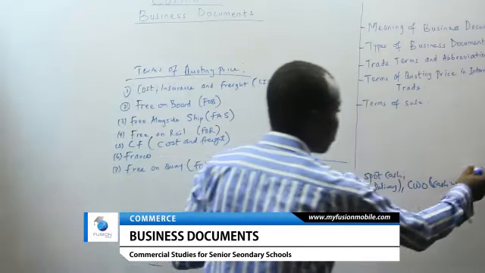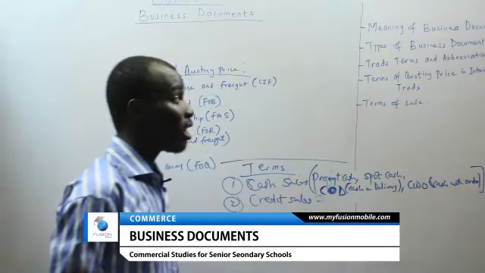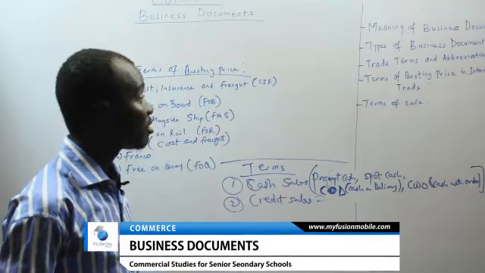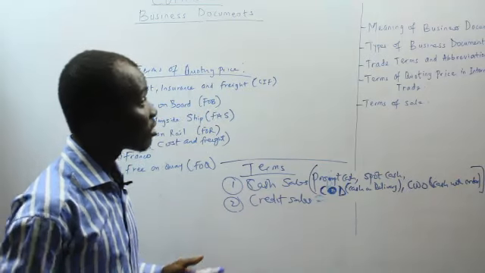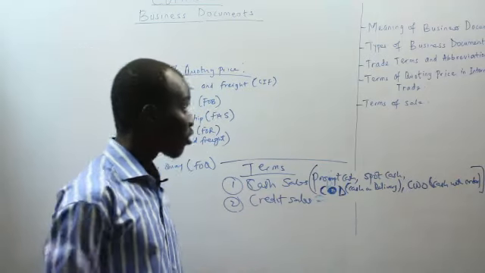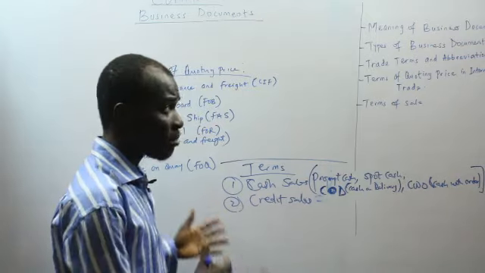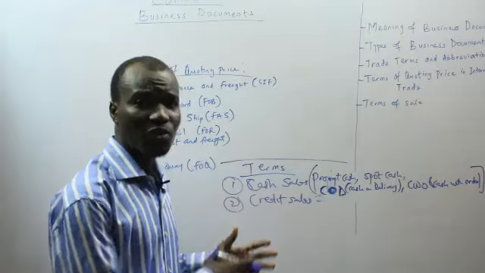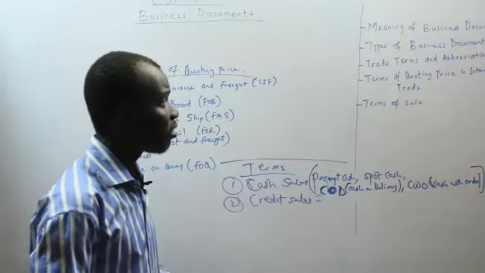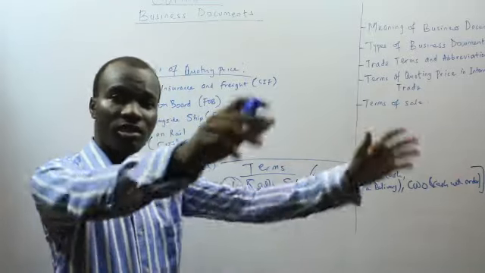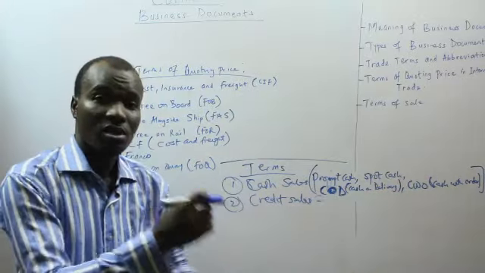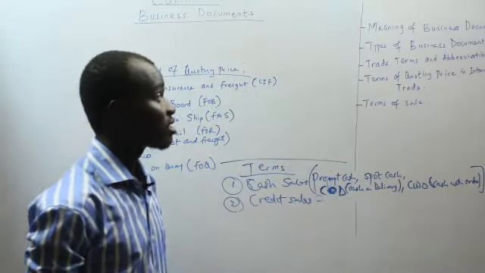So this has been an interesting class. We talked about the meaning of business documents and looked at different types of business documents. We looked at trade terms and abbreviations, such as carriage forward and carriage paid. We looked at different discounts and the meaning of discount.